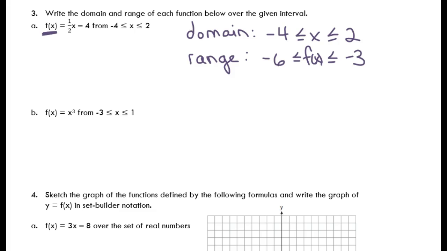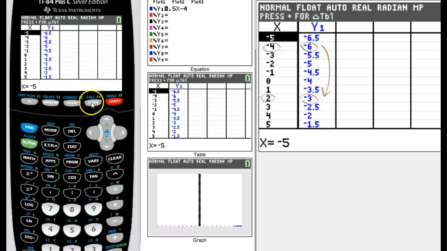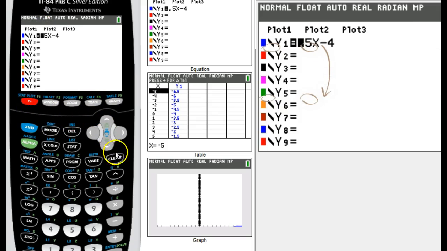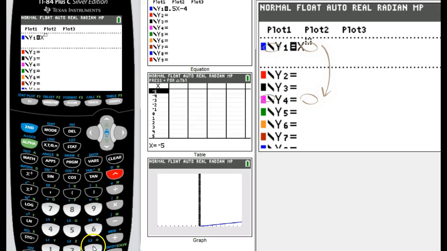Alright, and then in B, we want to do the exact same thing using the graph again. So this time it's x to the 3rd power. I'm going to clear it. We say x to the 3rd.